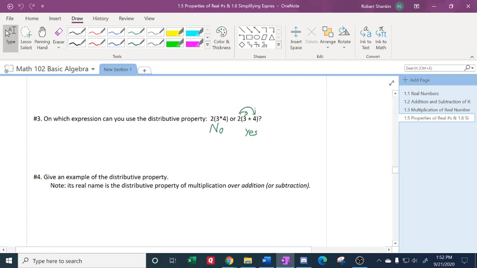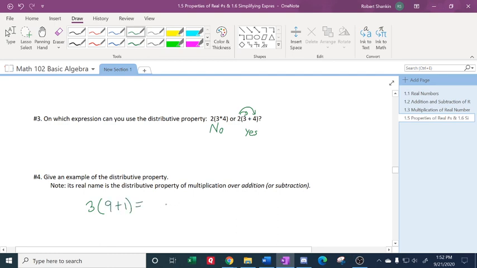Okay. All right, so if I made up an example, well, let me go to group 2. What example, can you give me an example? Yes, this is Amalia. 3 parentheses 9 plus 1.